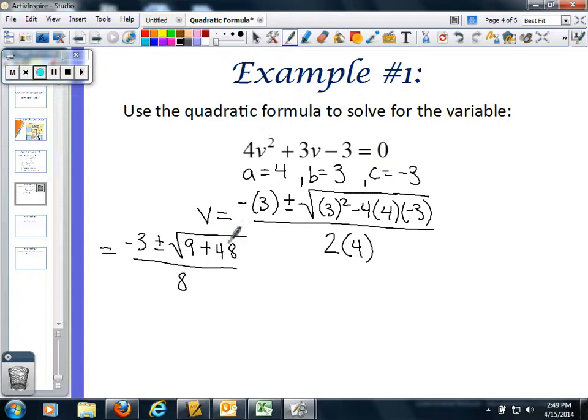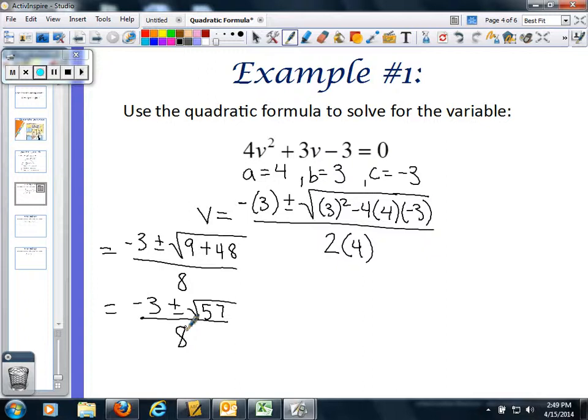So now I'm going to simplify what's under the radical. This is negative 3 plus or minus the square root of 48 and 9, that's going to be 57, over 8.